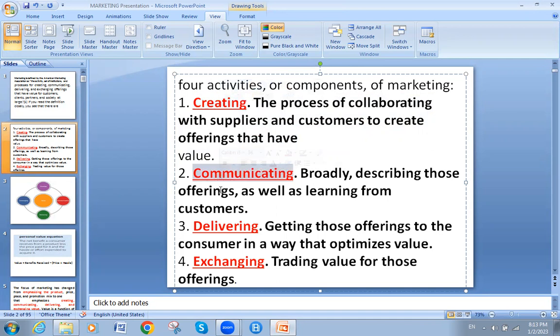The second activity for marketing is communicating, broadly describing those offerings, the goods and services, as well as learning from customers. So you offer the client the product or service, and at the same time you get feedback from the client about how far this product satisfied his needs.